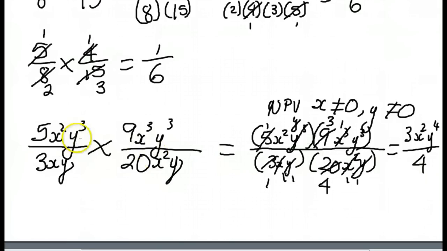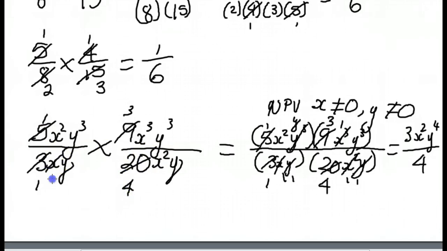Now, this same procedure could have been done just on this expression here, right? So without having to rewrite it like this, we could simply have canceled anything on the top with anything on the bottom. So that's a 3, 5, there's your 4.